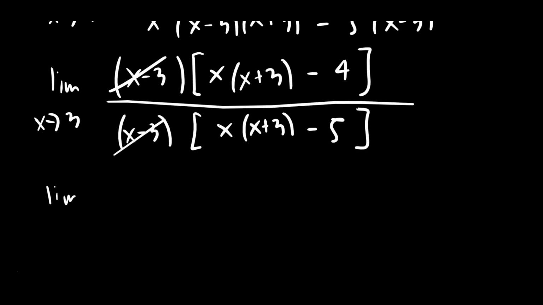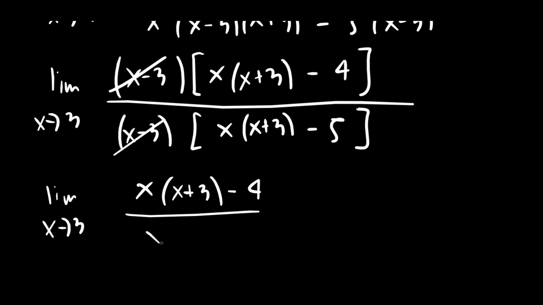The remaining is the limit as x approaches 3. If we try to substitute 3 into the denominator, 3 plus 3 is 6, and 3 multiplied by 6 minus 5 will not equal 0. So we can substitute x directly now, because it is not in indeterminate form and will not make our denominator 0.